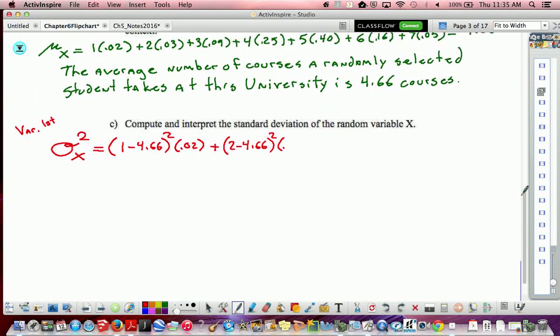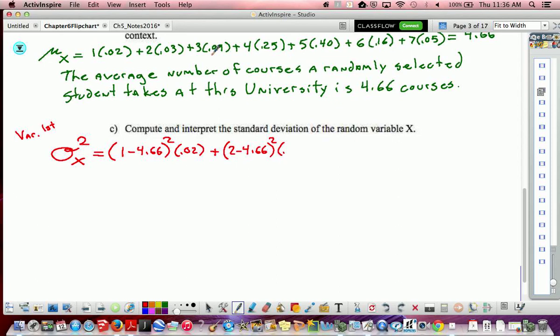I'm just going to lower this down a little bit because I can see the probabilities right here.